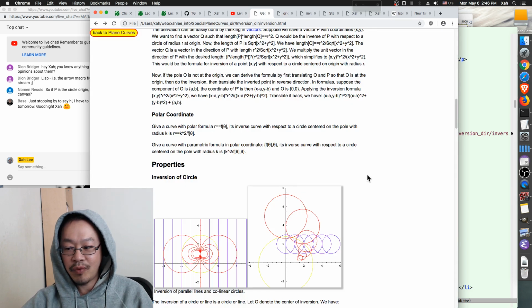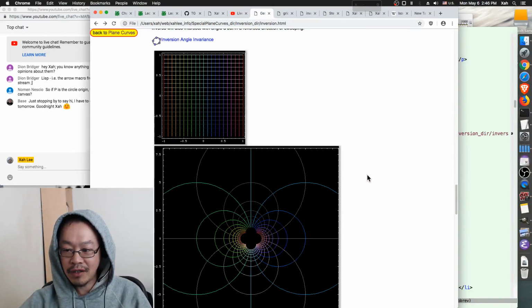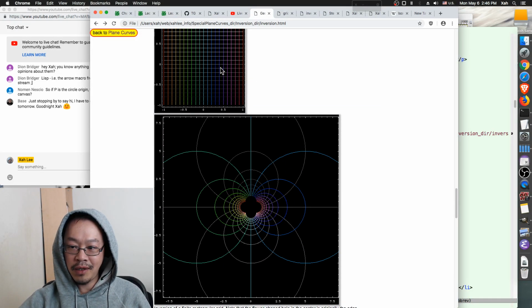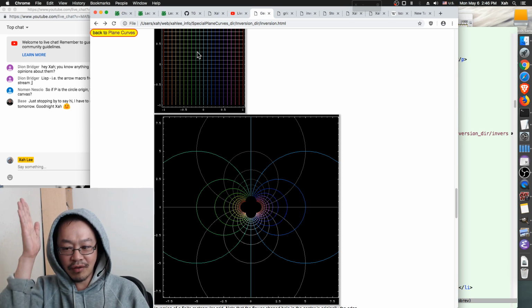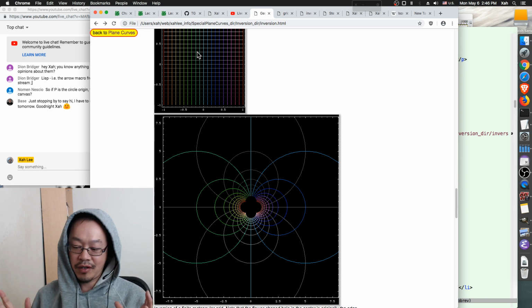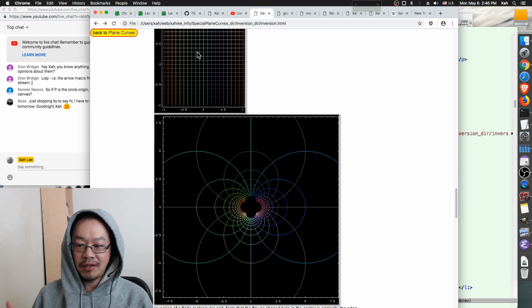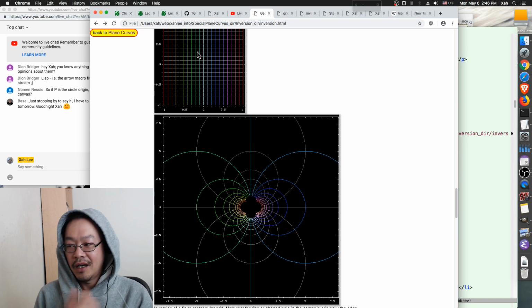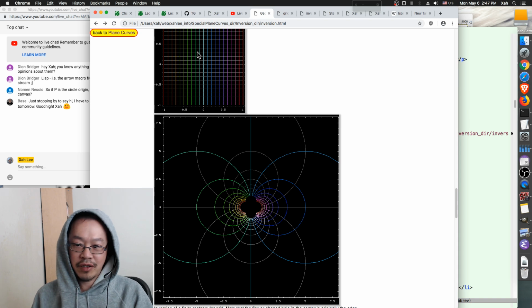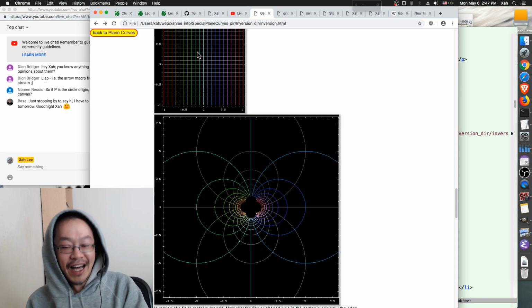And what does that picture look like? It looks like this one. So this is the pre-image, this is the image. You can see lines become circles after geometric inversion. Yes, that's a theorem. Lines become circles, and actually circles become circles or lines.